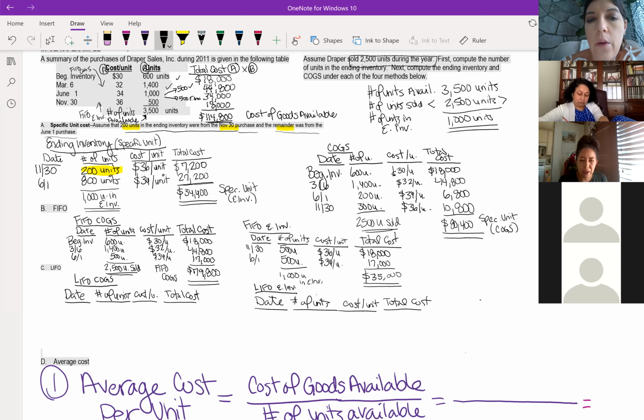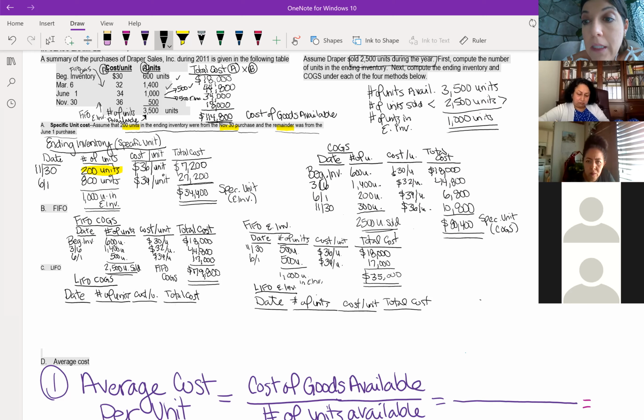Why is it 500? Okay. The 300 that you're looking at is from the specific unit method. So we don't care about specific unit. For FIFO, it's a completely different method. So I don't care that specific unit had 300 units left over from that layer.